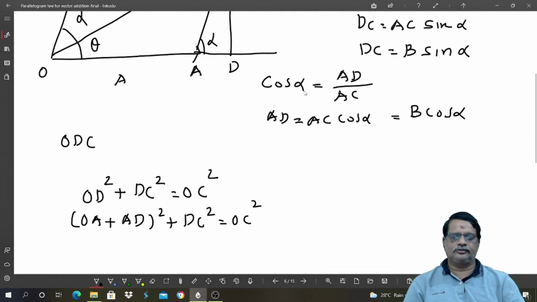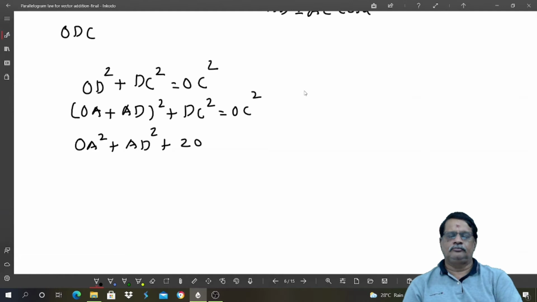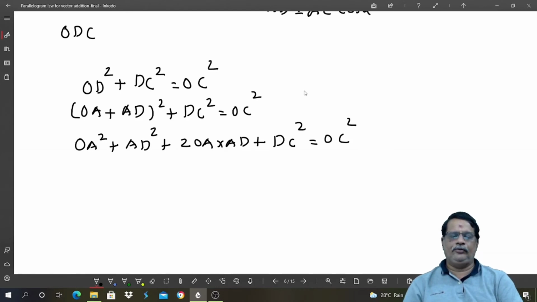Now let us expand this as OA square plus AD square plus 2 OA into AD plus DC square, that is equal to OC square.